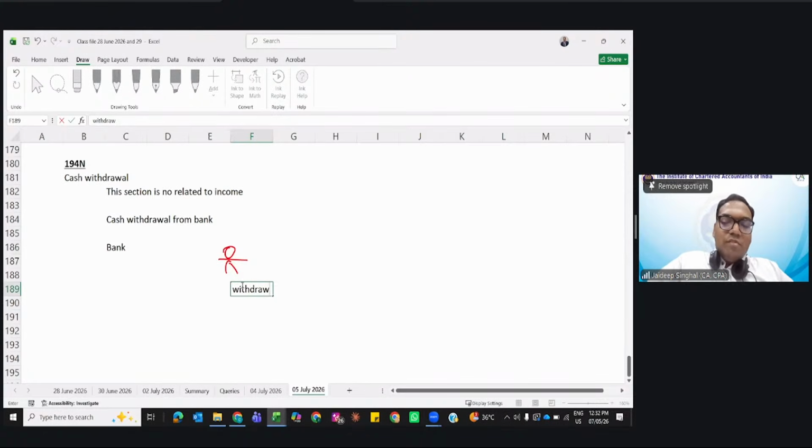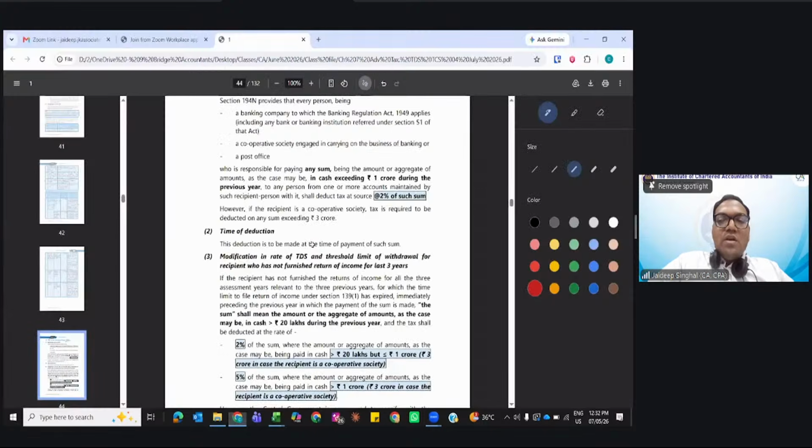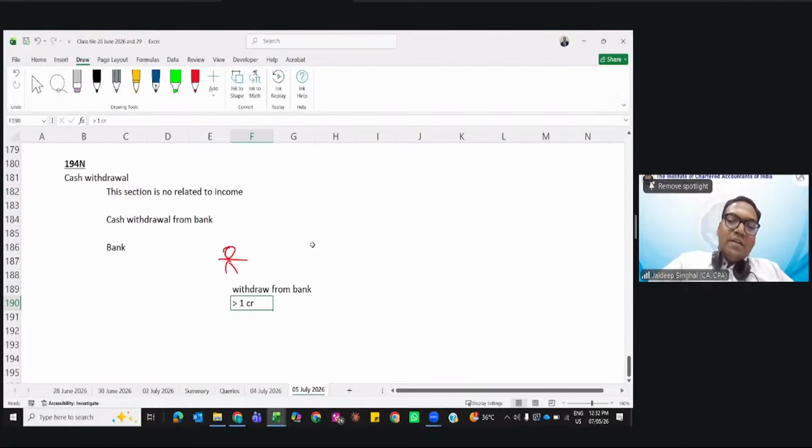Whether you are salaried, not salaried, or a businessman, it is applicable to everyone. If you withdraw in excess of 1 crore from the bank, then TDS at the rate of 2% is applicable.